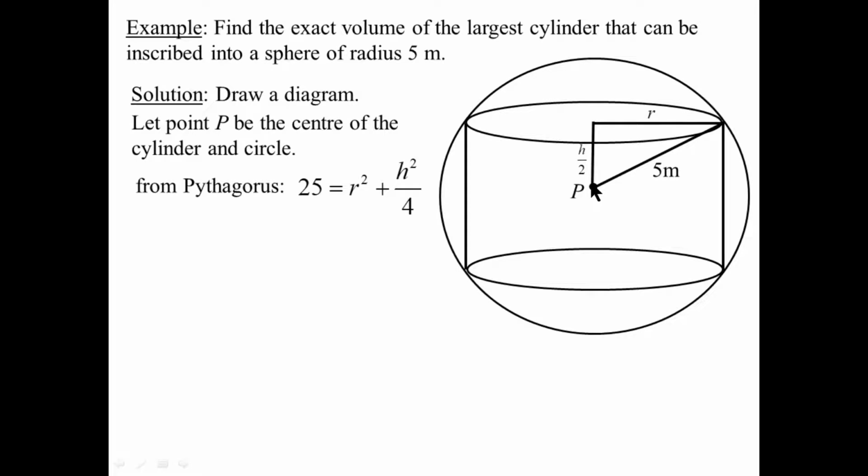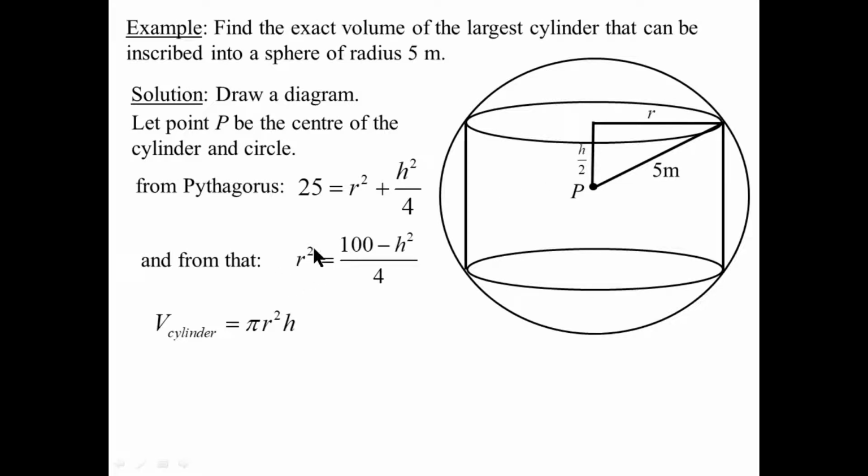And from Pythagoras we get 25 equals r squared plus h squared over 4. And from this it follows that r squared is 25 minus h squared over 4. And the volume of the cylinder is pi r squared h.